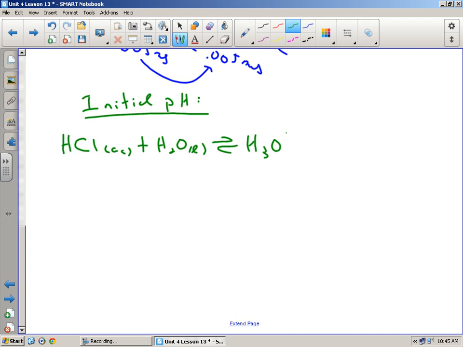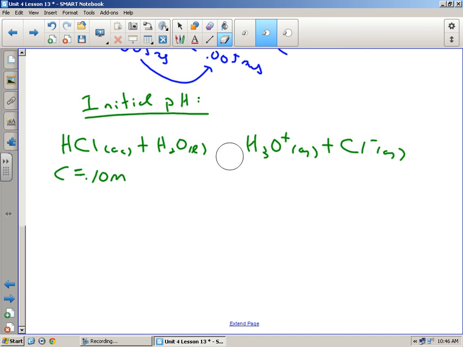Remember, there was some water to help make this solution, right? So that's the initial solution at the bottom, just hydrochloric acid and some water. The initial hydrochloric acid concentration was 0.10 molar of hydrochloric acid, yes? Oh, sorry, I did it again. I get a little arrow happy here. That's wrong. That's better, right?